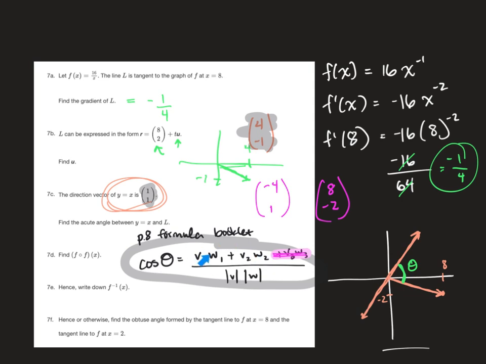The numerator right here is the scalar product. So we're going to take 4 times 1 plus negative 1 times 1, which would give us 3. Over the length of the vectors, which if you don't remember what this is, you can suss it out by looking at the formula booklet.